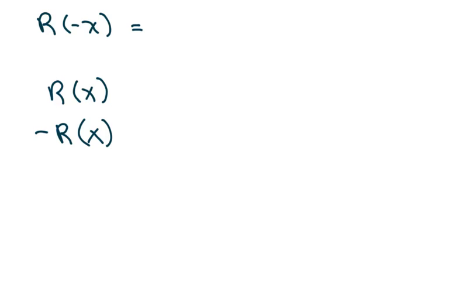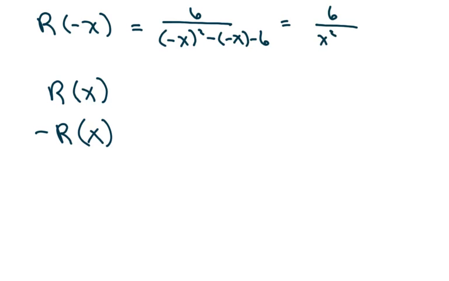So everywhere there's an x, I'm going to put negative x. Which gives us 6 over x squared plus x minus 6. So it's not our original, and it's not a negation of the original. So there's no symmetry.